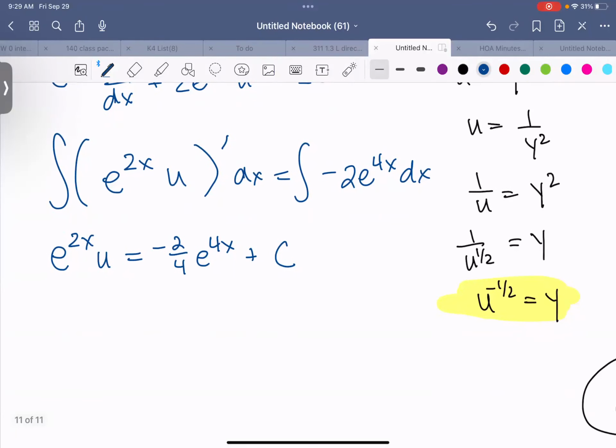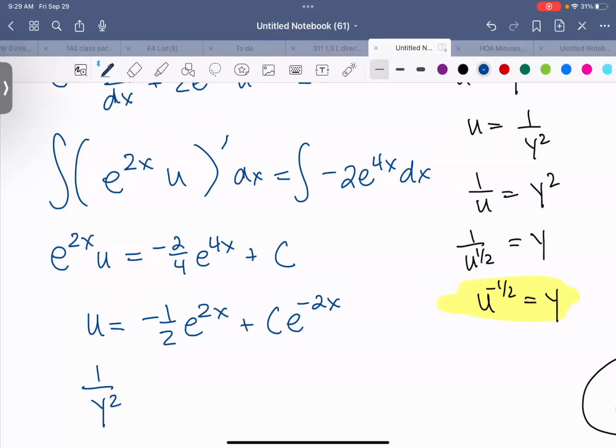Go ahead and divide through by e to the 2x. That's going to give us u equals negative 1/2 e to the 2x plus c e to the negative 2x. Last thing, let's go ahead and substitute for our u.